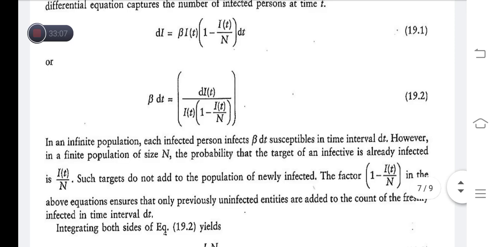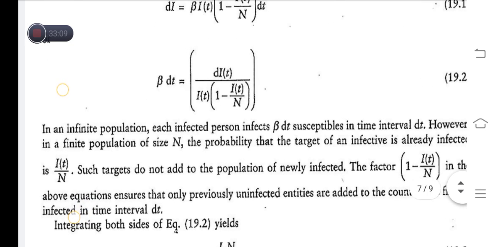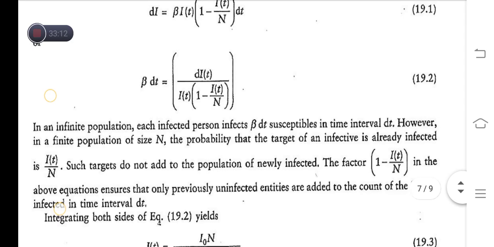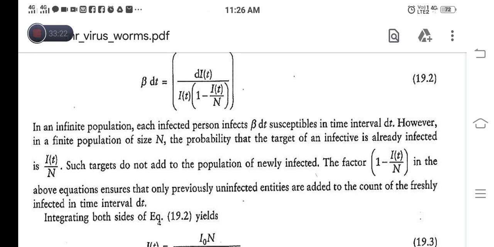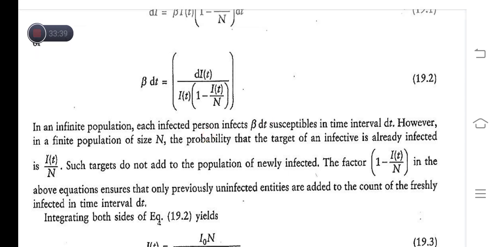So in an infinite population, each infected person infects beta dt susceptibles in the time interval dt. Here beta dt is the number of susceptibles who are going to become infected by the infected person.